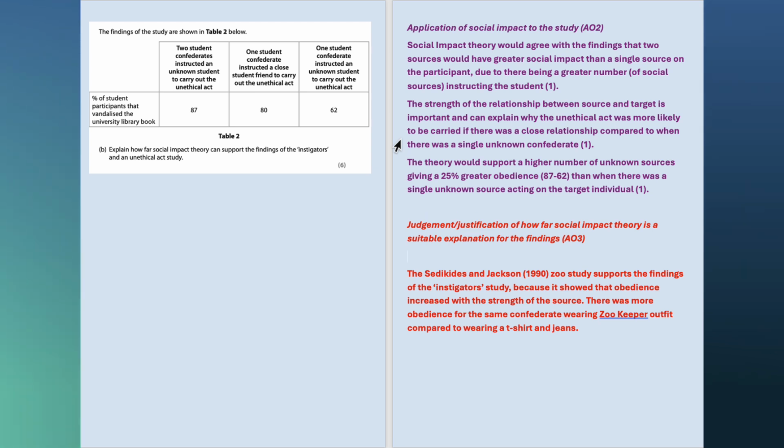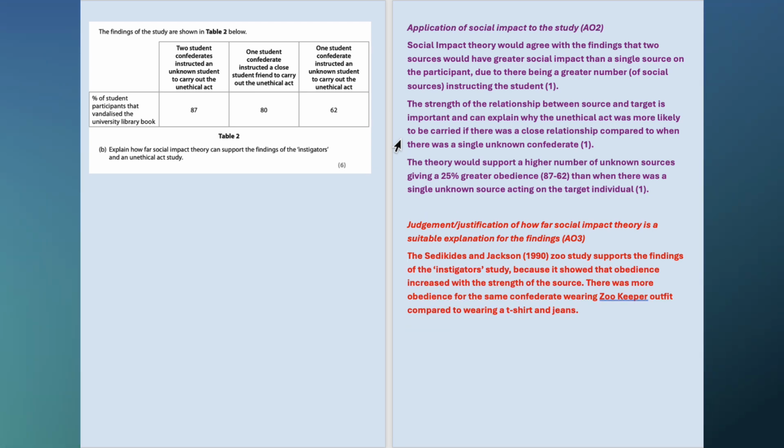And here we go. The Sedikides and Jackson zoo study supports the findings of the instigator study because it showed that obedience increased with the strength of the sources.